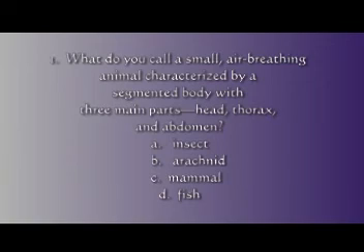Number 1. What do you call a small, air-breathing animal characterized by a segmented body with 3 main parts: head, thorax, and abdomen? A. Insect. B. Arachnid. C. Mammal. And D. Fish.